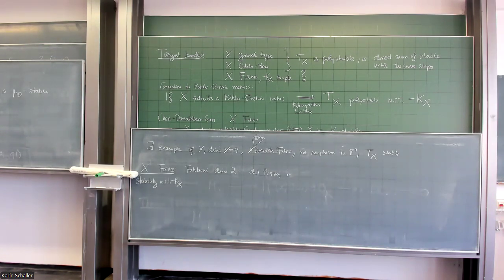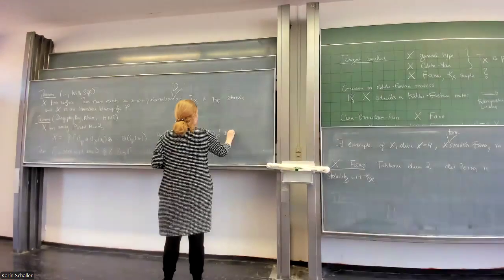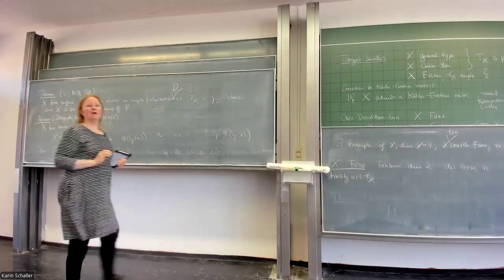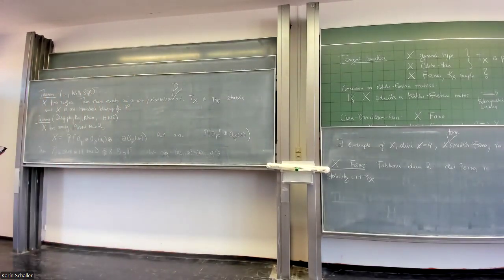In that case, it's the projectivization of O_{P^S}(R) plus O_{P^S}. But does the dimension check out? Yeah, the dimension must be the same as S, right? So the dimension is S. Because it's proportional to T_X?